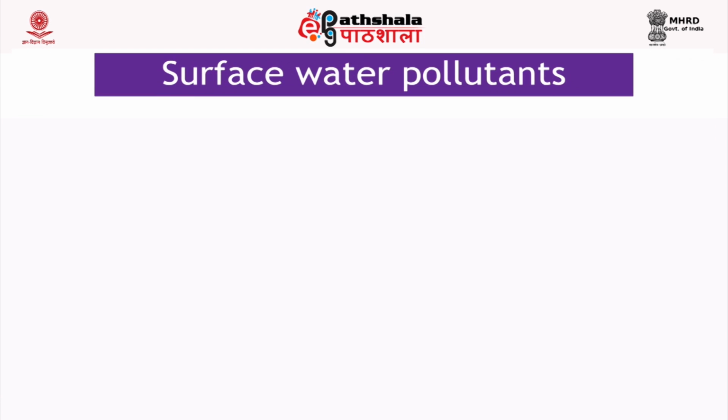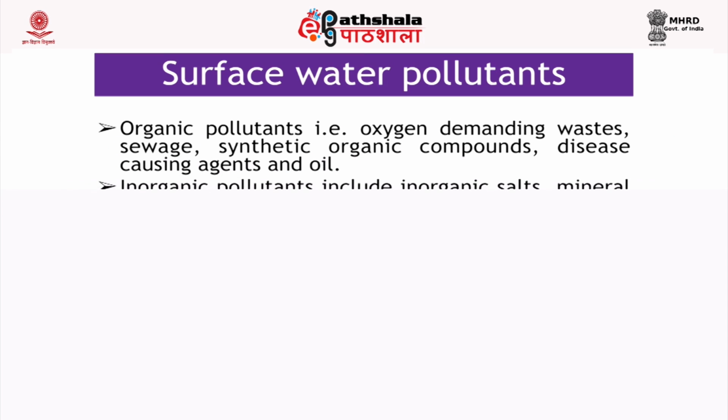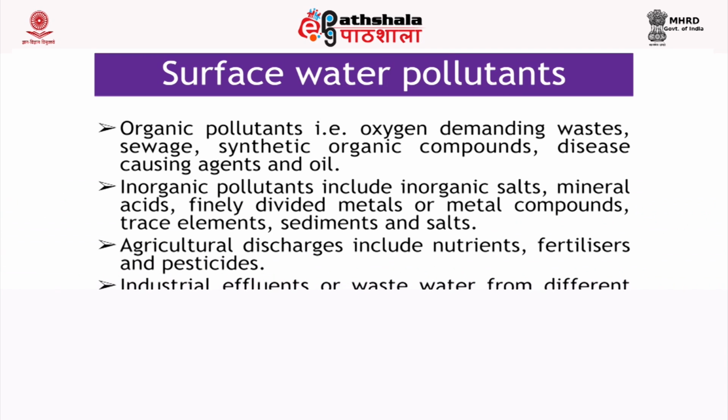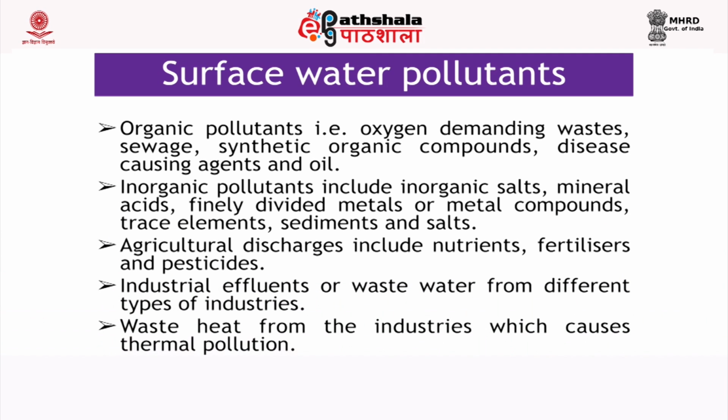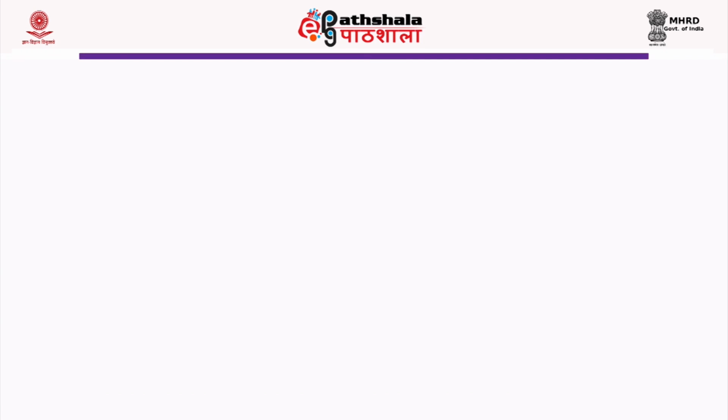Surface water pollution has various categories: organic pollutants, inorganic pollutants, agricultural discharge, industrial effluents, waste heat from the industries, radioactive pollutants and water withdrawal. In the next slides we will discuss them in detail.